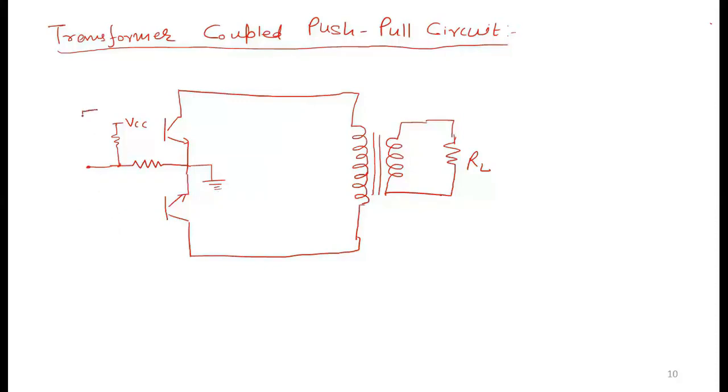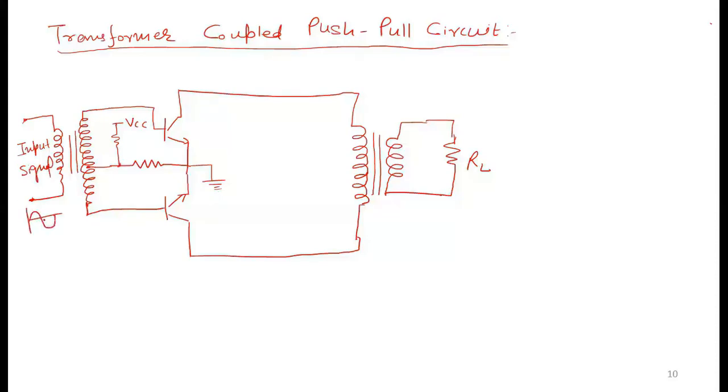So we'll connect to the base of the transistors. And this is the primary of this transformer, where we'll connect the input signal in the form of the sinusoidal waveform.